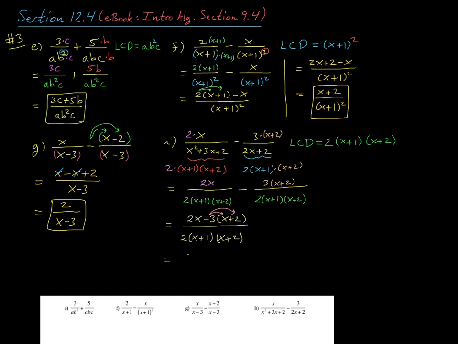And so that's going to give us 2x minus 3x minus 6. And then divide all of that by that same denominator. And then we can finish up over here. 2x minus 3x is minus x, and then minus 6, and then we're dividing all of that by 2 times the quantity x plus 1 times the quantity x plus 2. Okay, and that's going to do it.